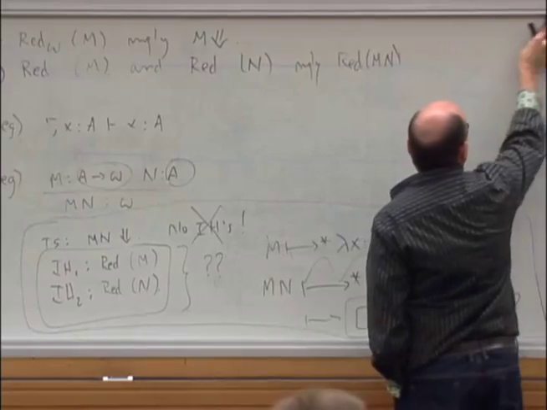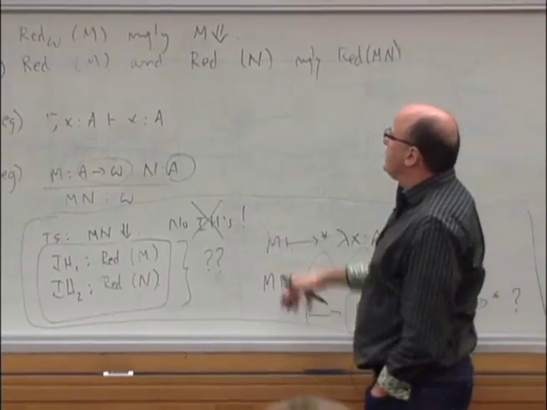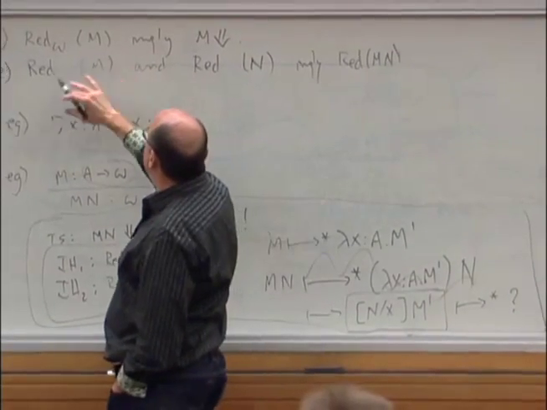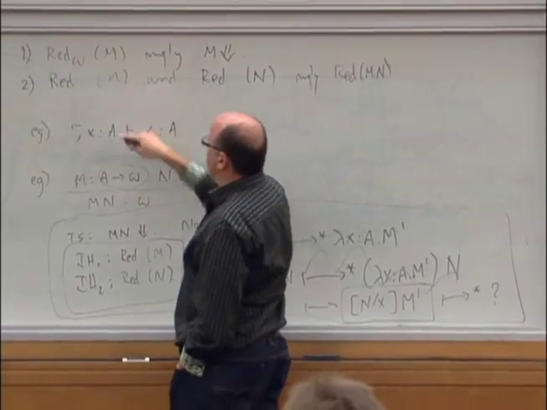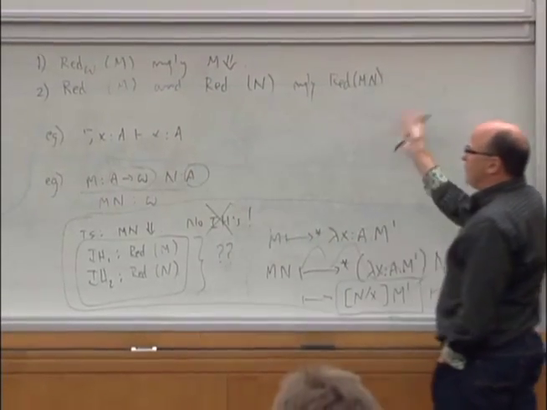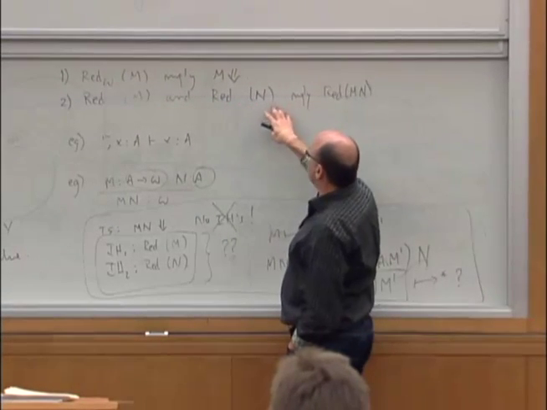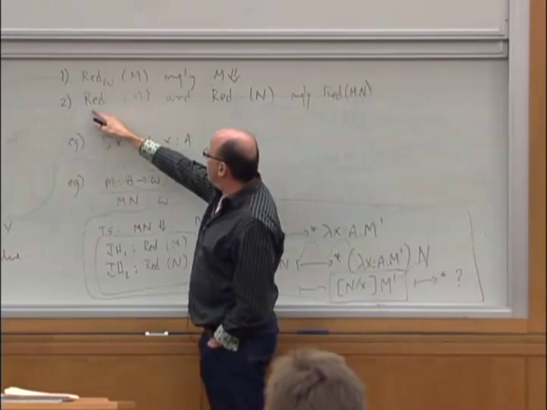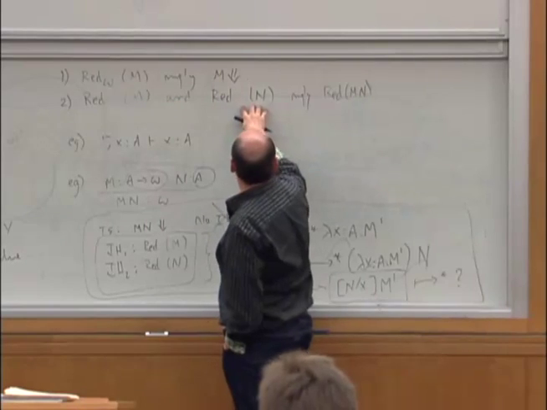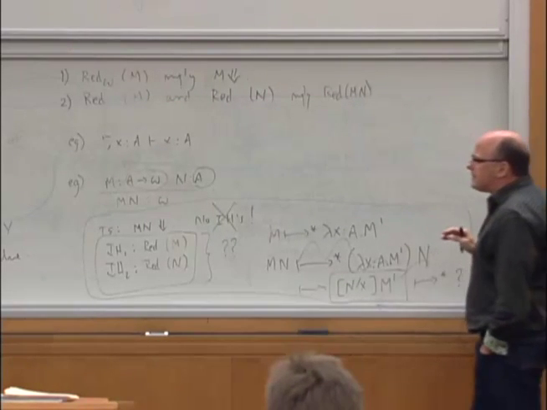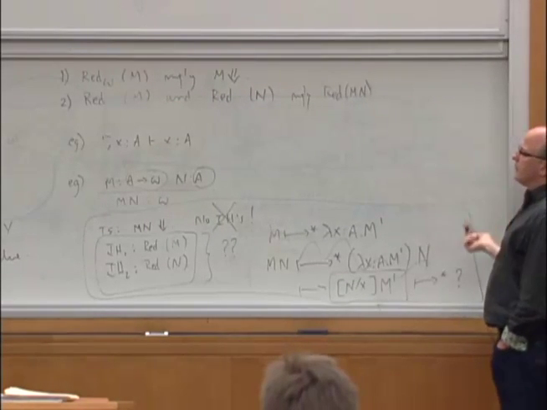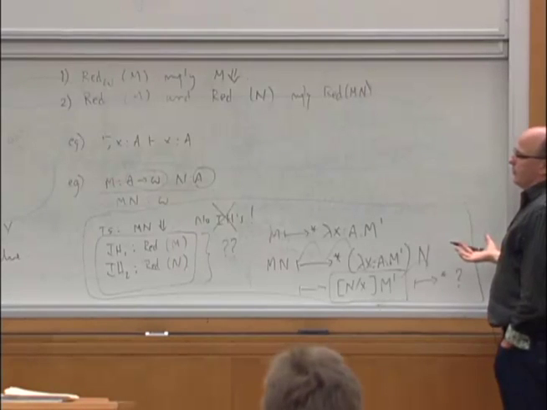Suppose I try to say this constitutes a definition of reducibility. Well, it's a problem because it's circular, and not only is it circular, but it has the so-called negative occurrence of the thing you're defining. That is, I say, if this is the case and this is the case, then this is the case, and it's not obvious that such a self-referential condition is sensible.